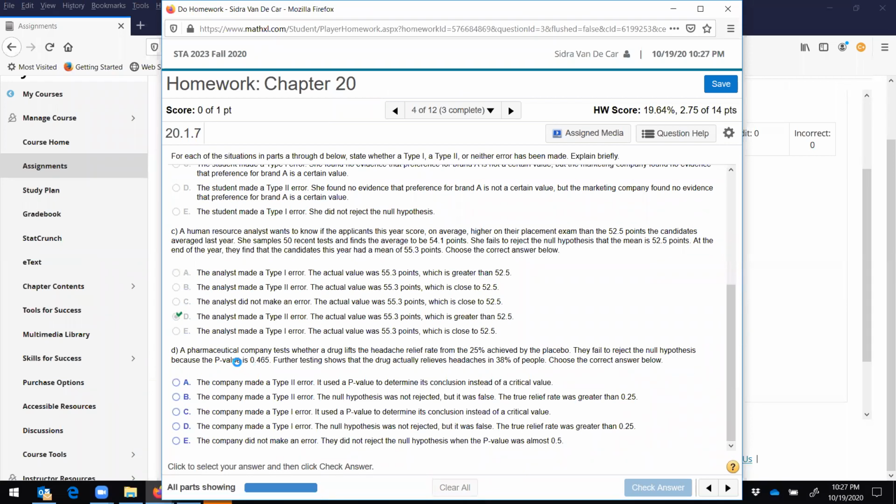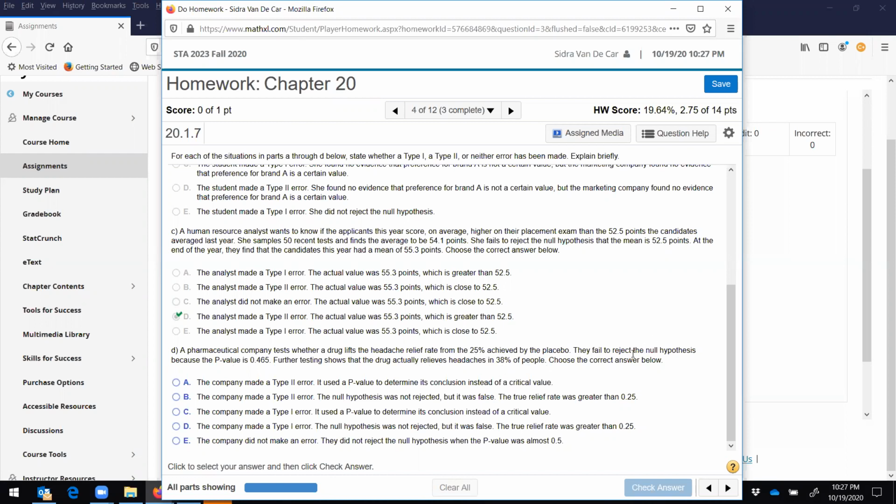Right. A pharmaceutical company tests whether a drug lifts the headache relief rate from the 25% achieved by the placebo. They fail to reject the null hypothesis because of our p-value. Further testing shows that the drug actually relieves headaches in 38% of people. Okay, so the 38% is more than the placebo of 25.